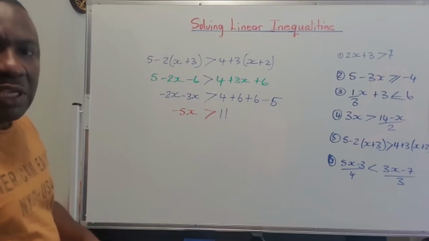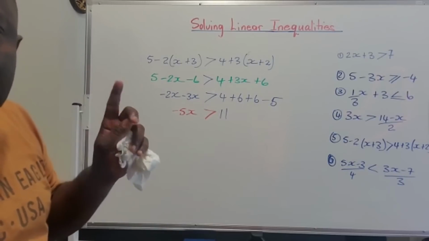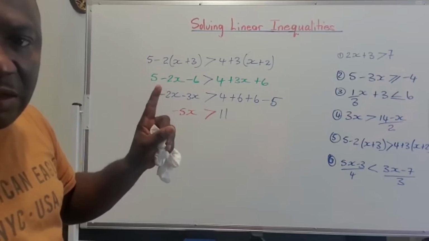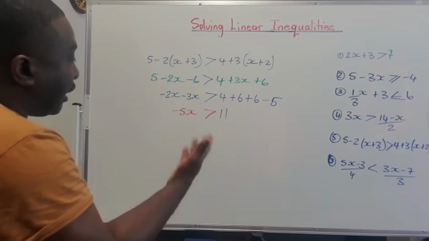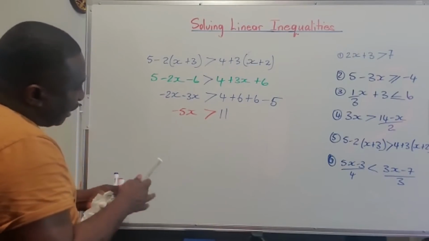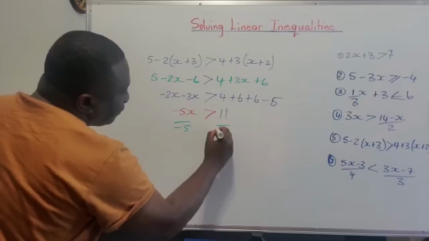But if we notice here, the coefficient is of a negative value. Earlier I stated that when we divide by a negative, then we are going to change the sign. So what we'll do here is divide both sides by -5.